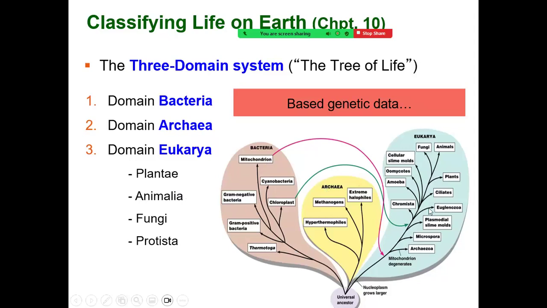And then there's the 6-kingdom approach. There's also the 9-kingdom approach, which has kingdom bacteria, kingdom archaea, kingdom plantae, kingdom animalia, kingdom fungi, and then it breaks the kingdom protista into a couple of different kingdoms. There's the 15-kingdom approach, which does the same thing.